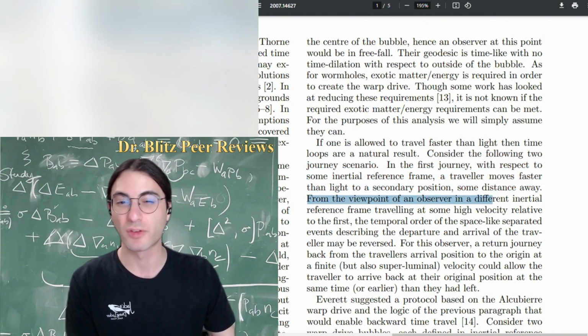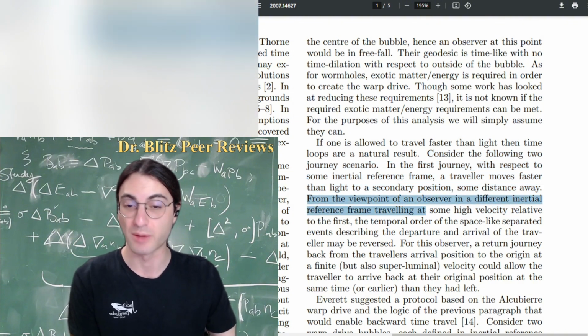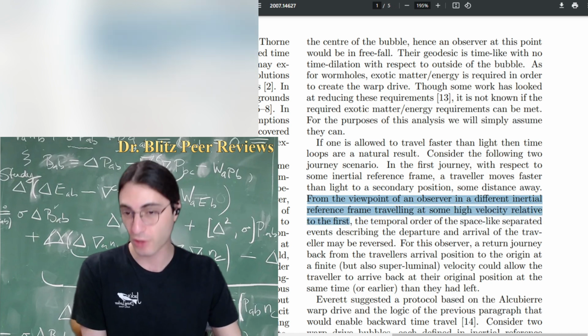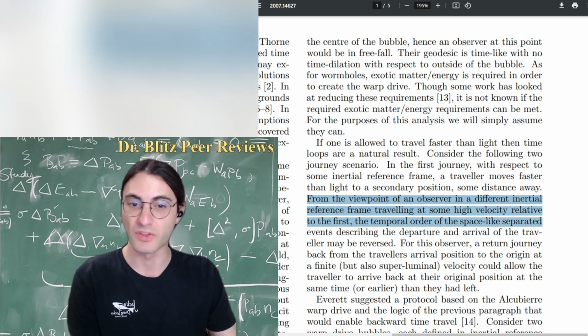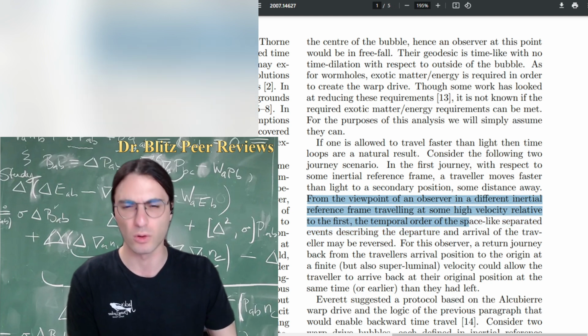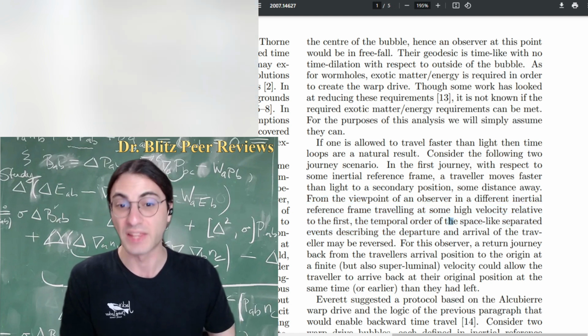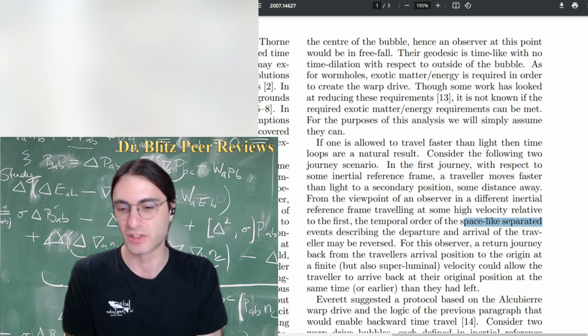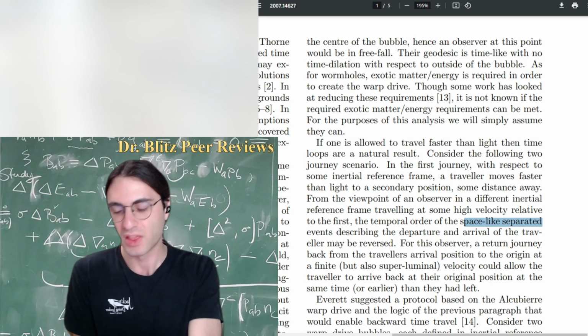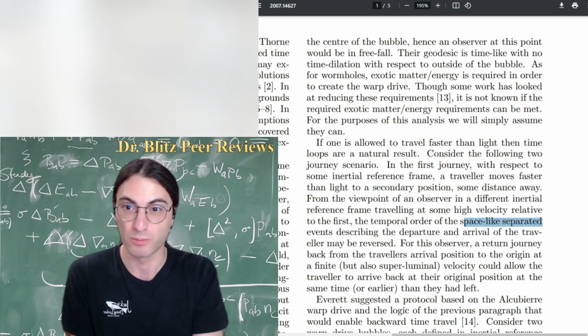From the viewpoint of an observer in a different inertial reference frame traveling at some high velocity relative to the first, the temporal order of the space-like separated events may be reversed. Temporal order is just whether it's in the past or the future, and space-like separated events are basically moments in space-time that are connected by a path that moves faster than the speed of light.